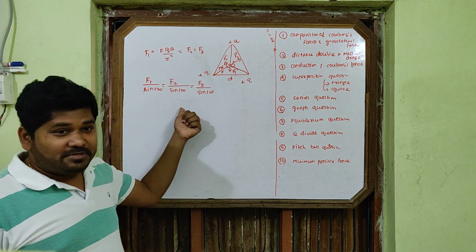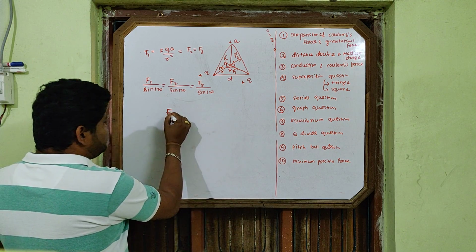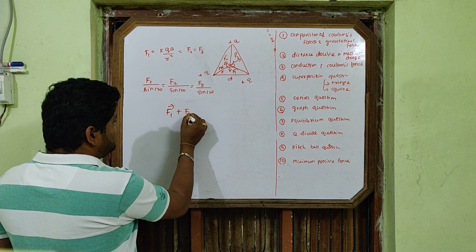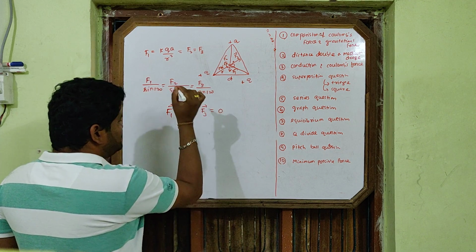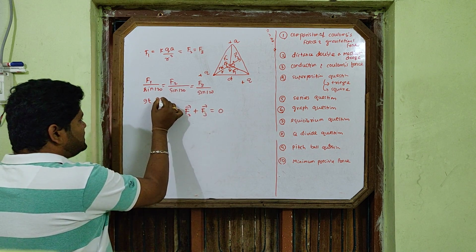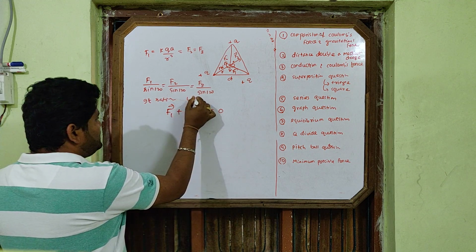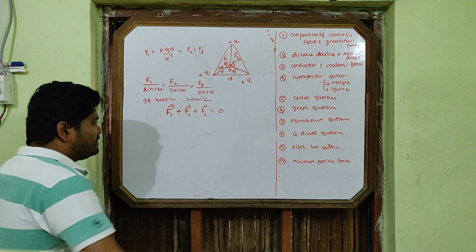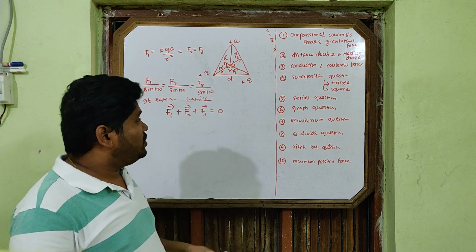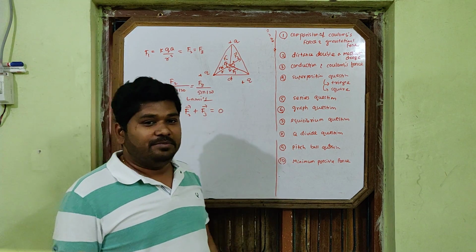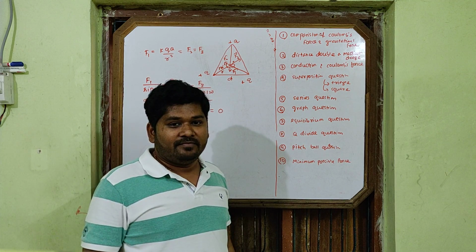As it satisfies Lami's theorem, all three vectors are in equilibrium. That means F1 plus F2 plus F3 vector is equal to 0. Means the net force on capital Q will be 0.